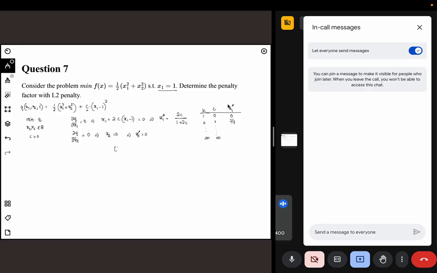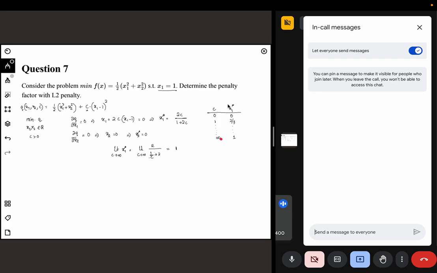As C tends to infinite, my x1 star is going to be, this term goes to 0 and this will be equal to 1. So as C tends to infinite, this x1 star goes to 1.